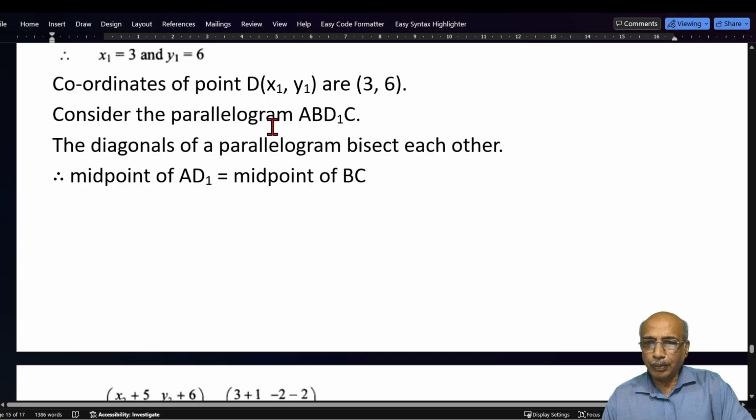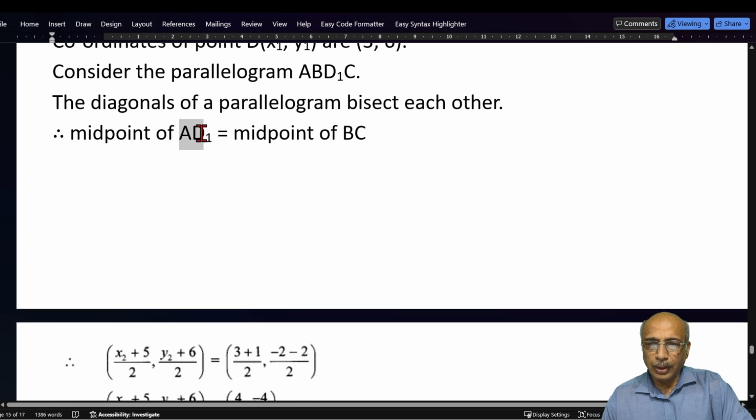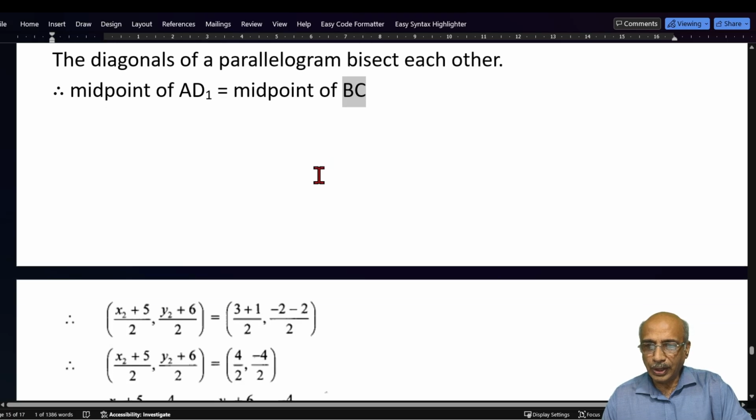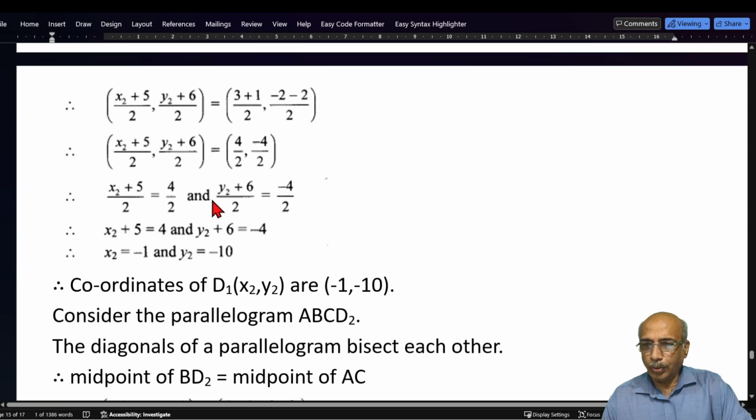Now consider the parallelogram ABD1C. The method remains the same. Take the midpoint of AD1 and the midpoint of BC. Method remains the same, only values will change. So here you will get (x2 plus 5) upon 2 equals 4 by 2. Denominator 2 gets cancelled. x2 plus 5 equals 4.